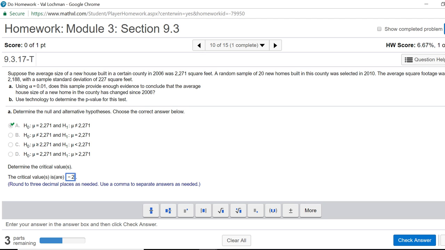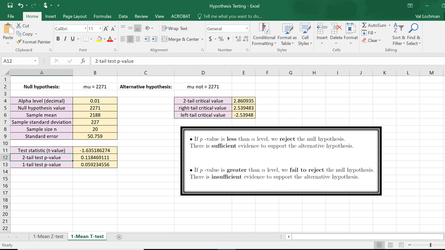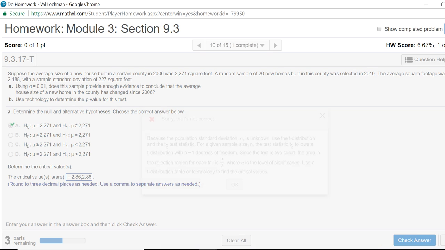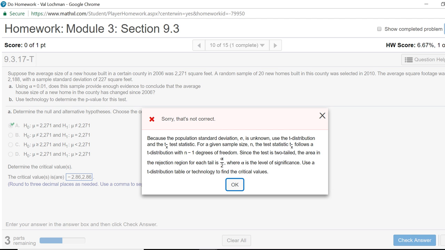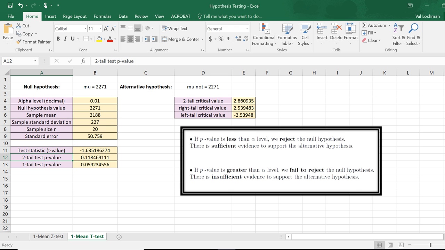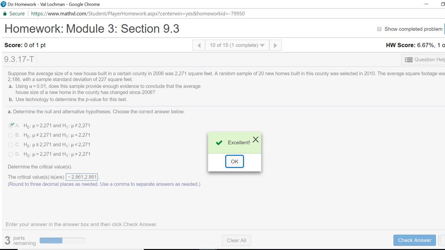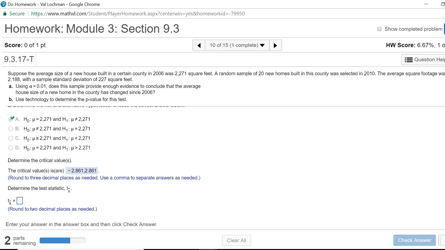Negative 2.861 and positive 2.861. They want 3 decimal places, so we have to add a 1 here and a 1 here. These are our critical values that split the distribution into critical and non-critical regions.